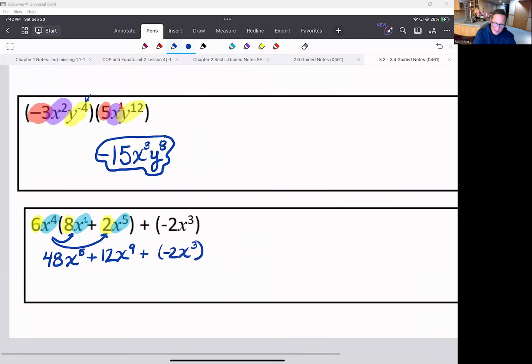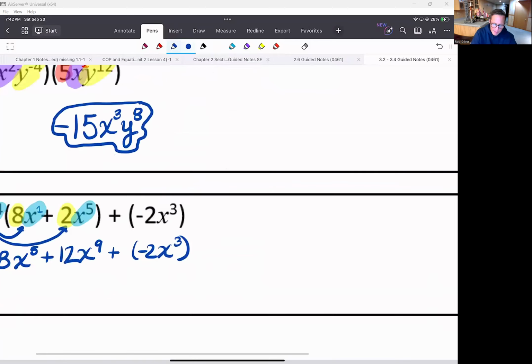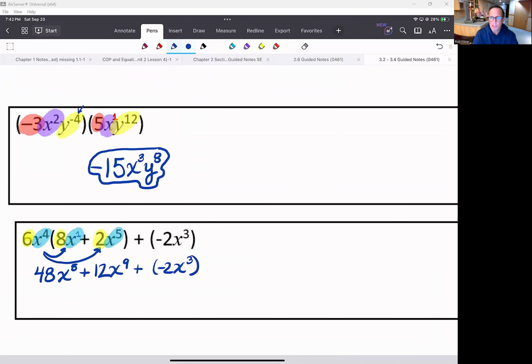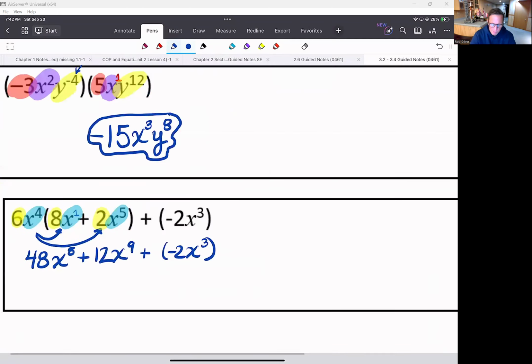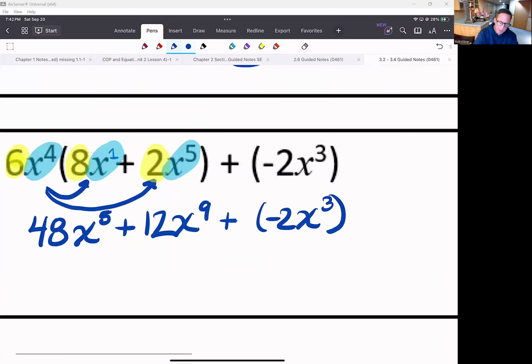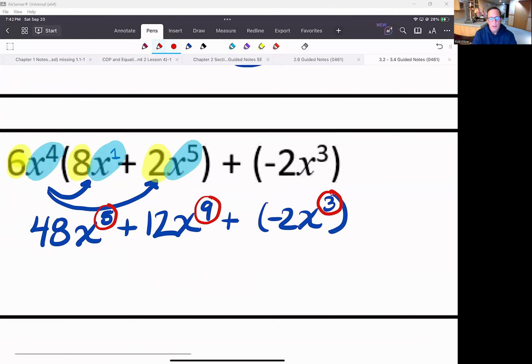Now there's one thing, I don't know if it's a huge deal right now, but a lot of times when you're dealing with polynomials, and I might as well discuss it now, because it is something that happens and you're going to have to be on the lookout for it. You want to pay attention to the powers. Now these are also called degrees, right? The powers of each term.